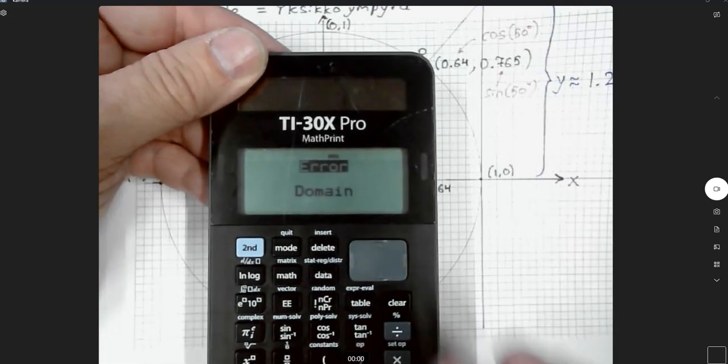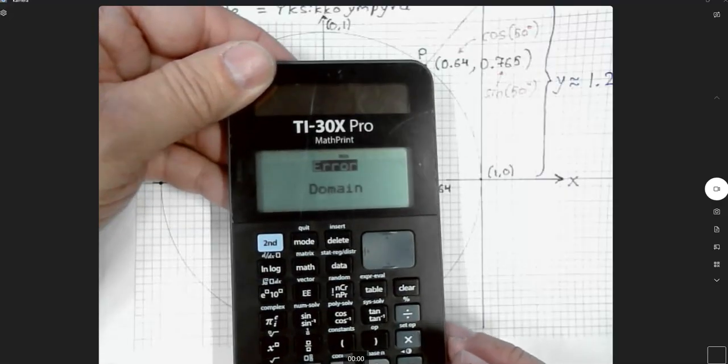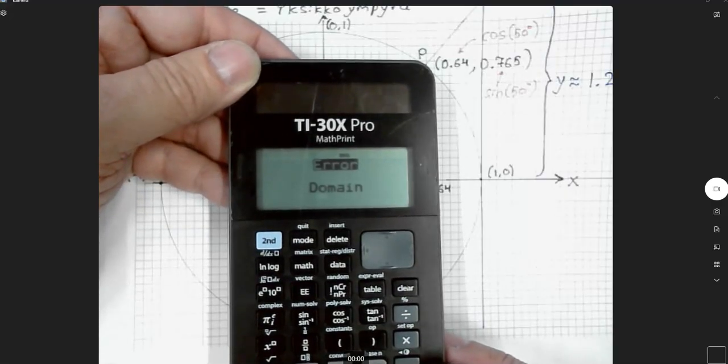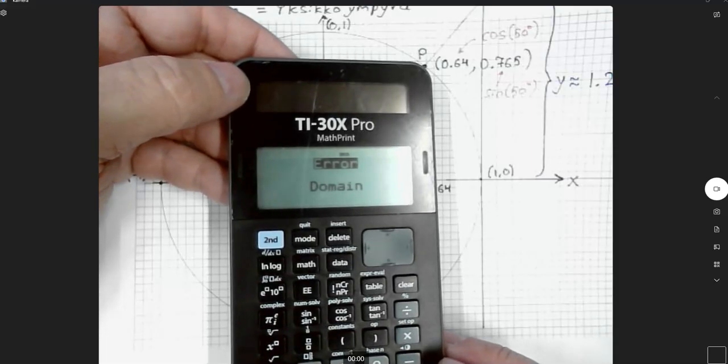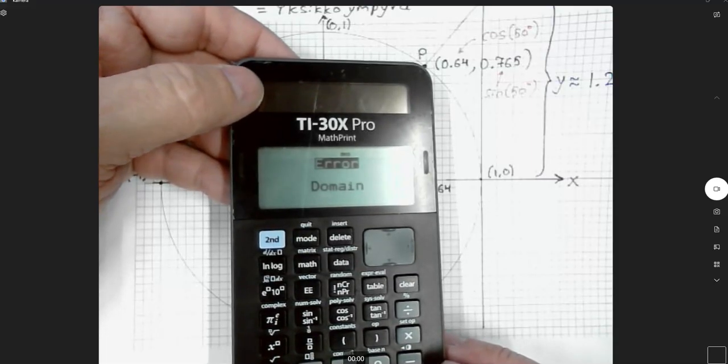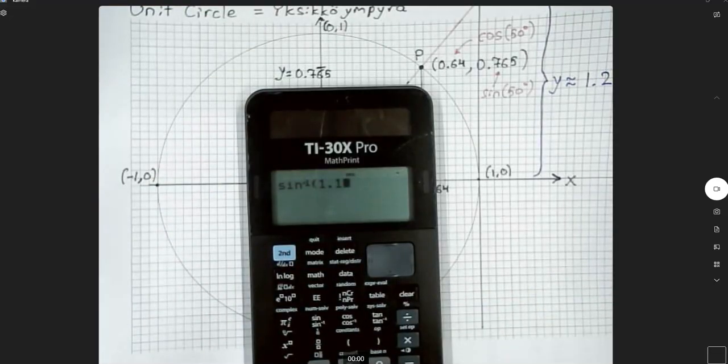That means it is not possible to get a value of 1.1 for the sine of any angle. It always has to be between -1 and +1.